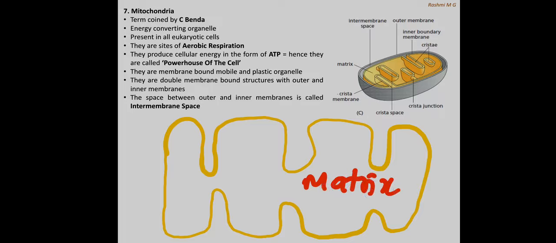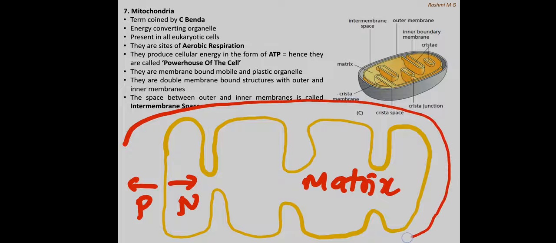As it is matrix, the inner side is the N side, the outer side is the P side. Surrounding it there is the outer mitochondrial membrane, and this is the intermembrane space.